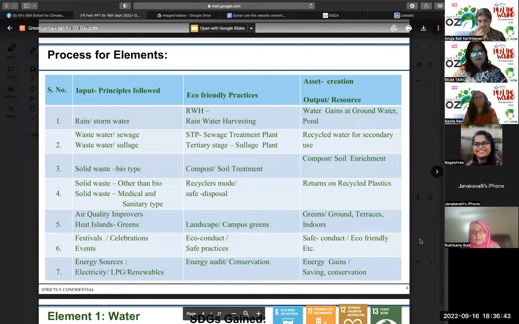Now, as a quick measure, in some schools or colleges, wherever you have these heat islands, they make it a point to put large, big pots with some plants, so that those areas have greens, and wherever greens are there, the temperature is moderated and brought down to a large extent.